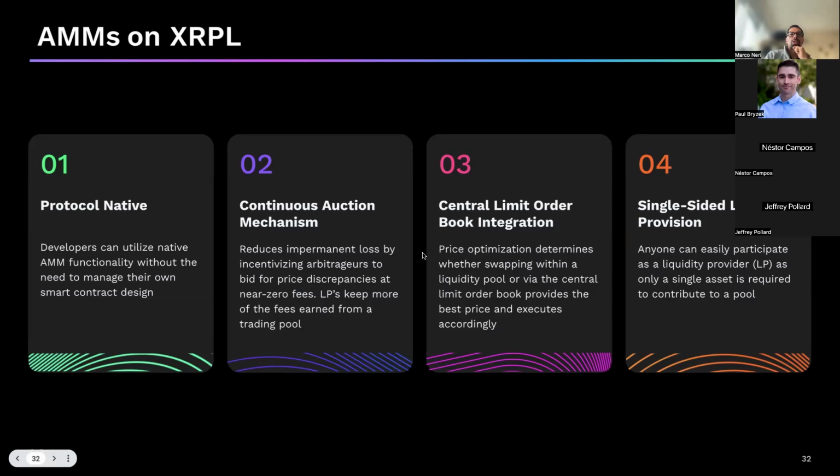So XRPL tries to innovate on that front, creating an auction system and bringing in another role which will mitigate that risk. And the central limit order book integration is one of the important things.